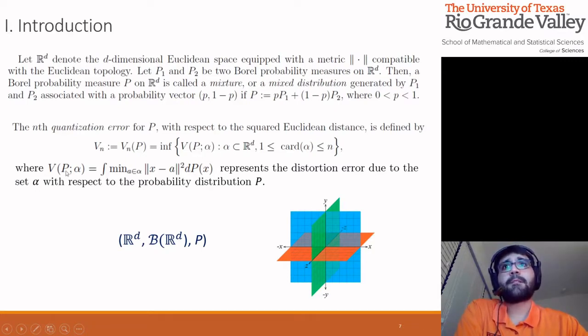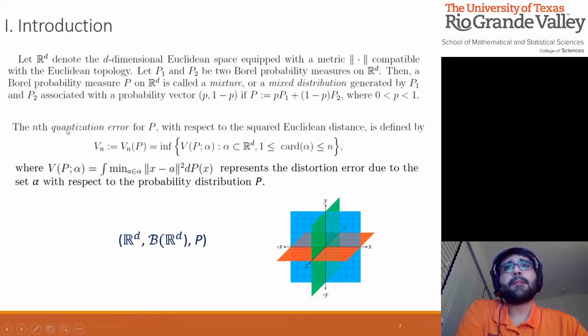And it's defined as the integral of the minimum, over a quantizer element of the optimal set, and I'm going to define this in the next slide. This is pretty much just taking the squared Euclidean distance and finding the minimum. And this is going to be the distortion error due to the set alpha with respect to the probability distribution P.